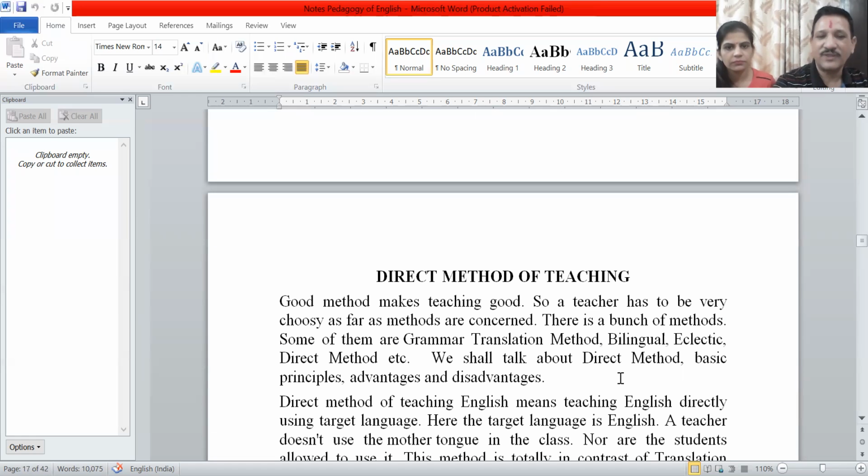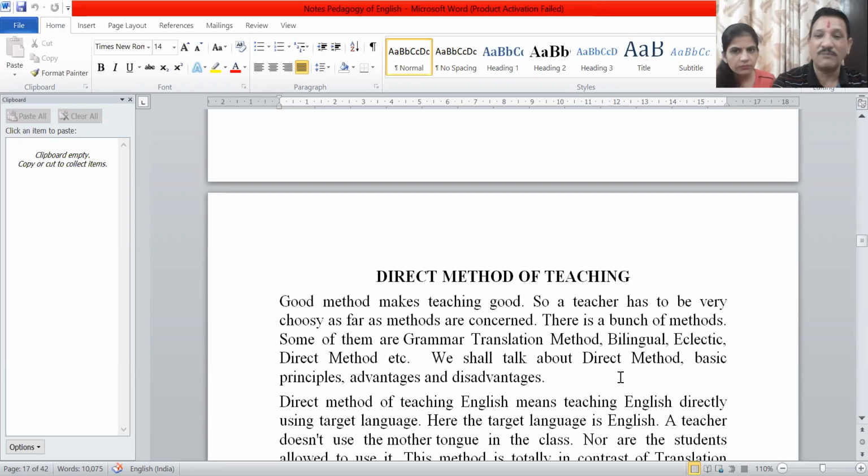The first is the direct method of teaching English. This is one of the most important methods for teaching English. Generally, we use the bilingual method or the grammar and translation method. But the direct method is not like the translation method or the bilingual method. In the translation method, we translate English into another language, which is our native language.